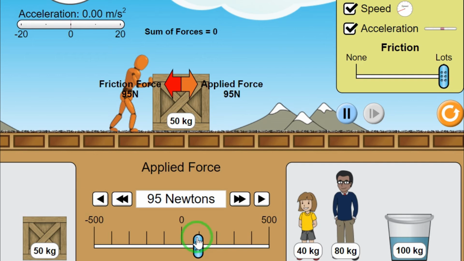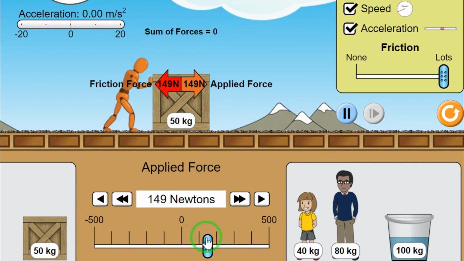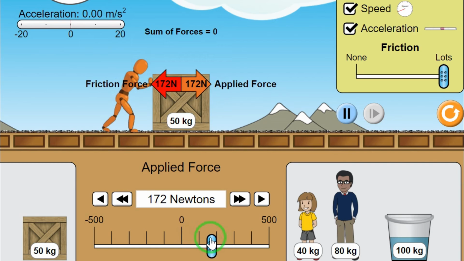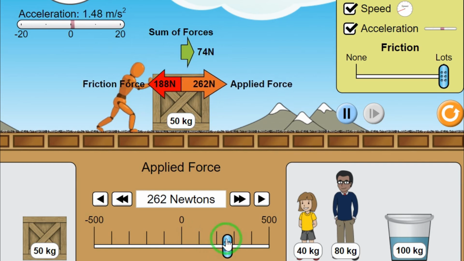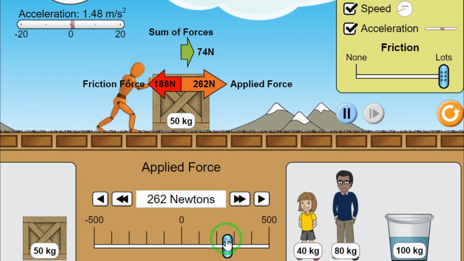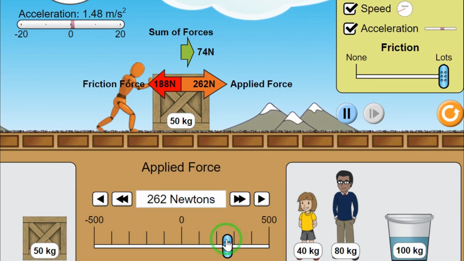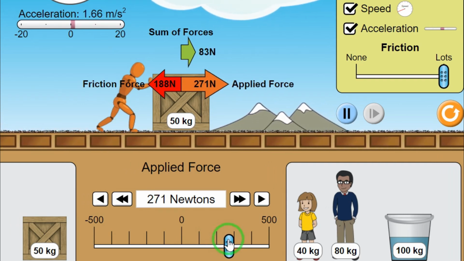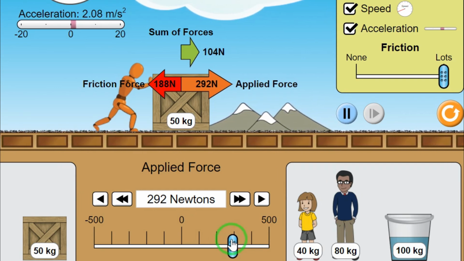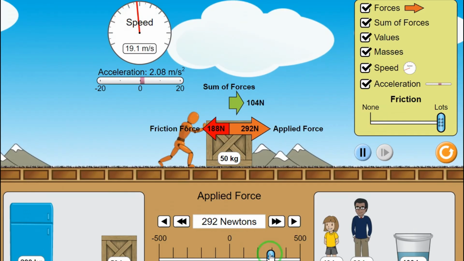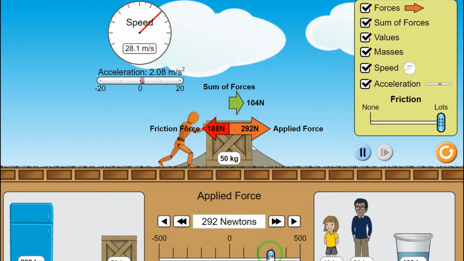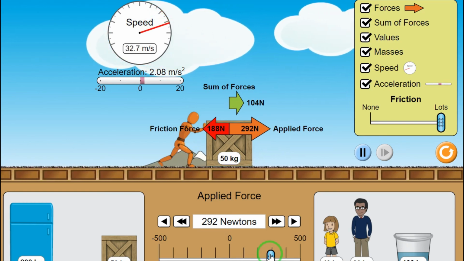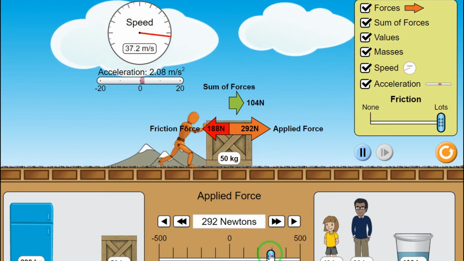The moment you overcome the friction force, and to overcome the friction force you have to apply more force, then a combination of your force and the friction force, which is opposite force, results in a resultant force which is 74 Newton. And now this body is moving with an acceleration of 2.08 meter per second squared. Look at this. The moment you continue with the same force, the speed is increasing, right?